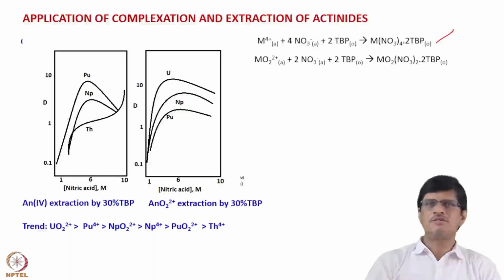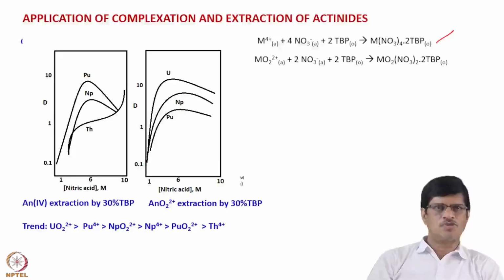The first equation gives the extraction equilibrium, where the tetravalent metal ion in the aqueous phase forms a complex with 4 nitrates, again in the aqueous phase, and 2 TBP present in the organic phase, resulting in a complex of the type M(NO3)4·2TBP, which is favorably partitioned into the organic phase. So the left side profile shows that of the tetravalent actinide ions.